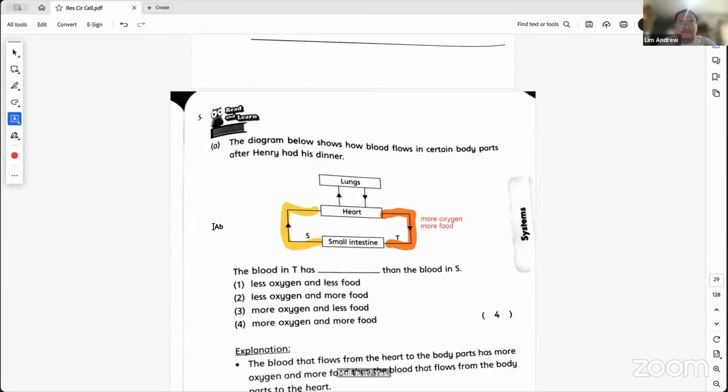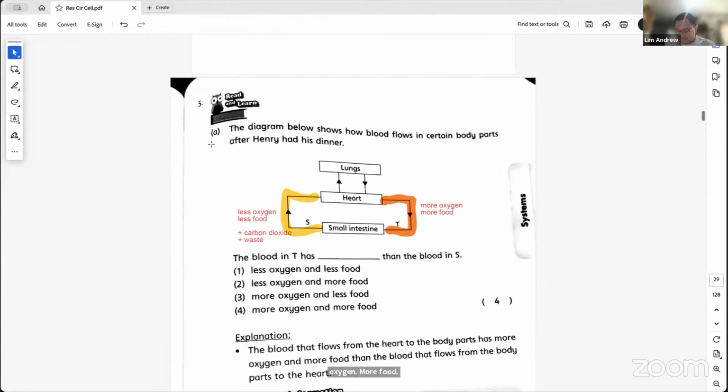Then for this area back to the heart will always be less oxygen, less food, because it is more CO2, carbon dioxide, more waste. So therefore, the answer is number 4. More oxygen, more food. All right. So let's carry on.